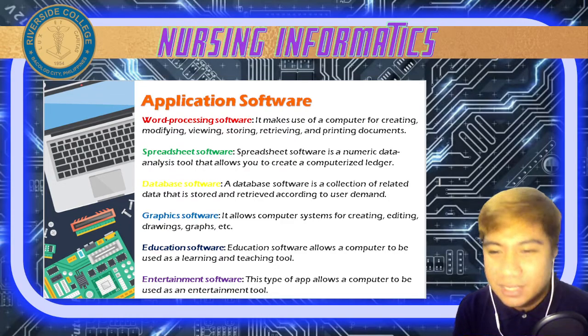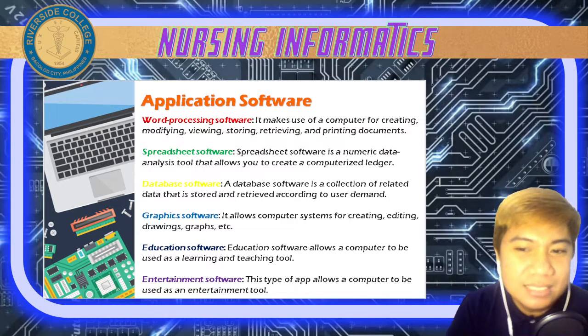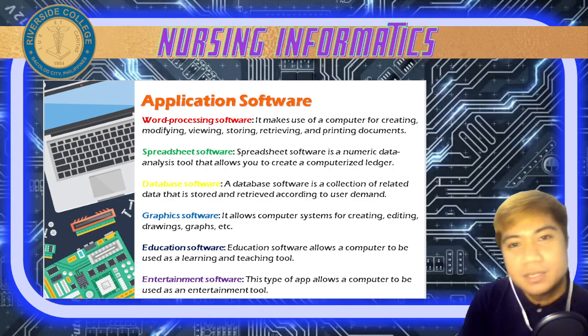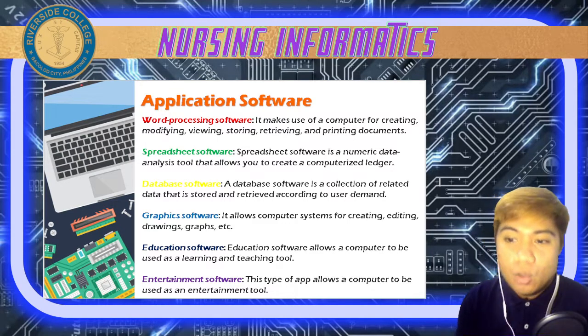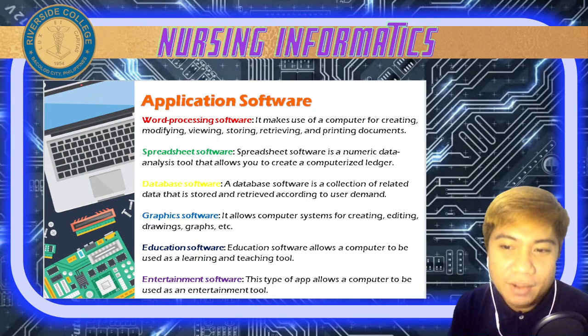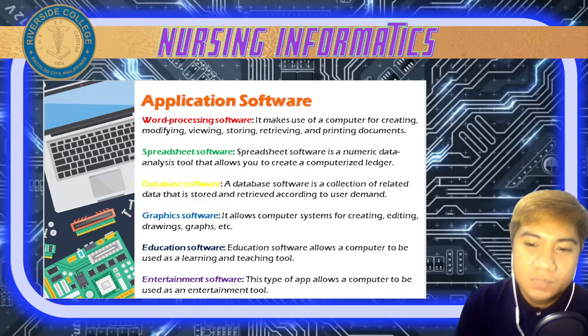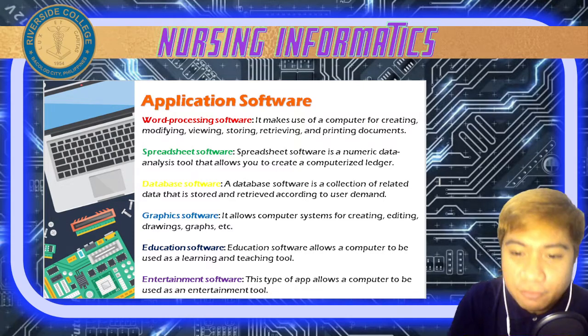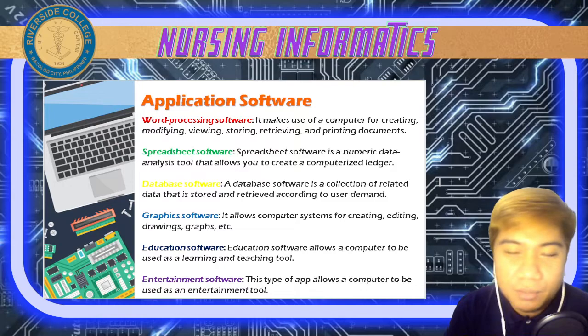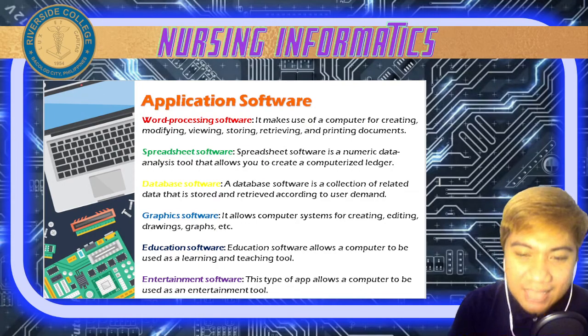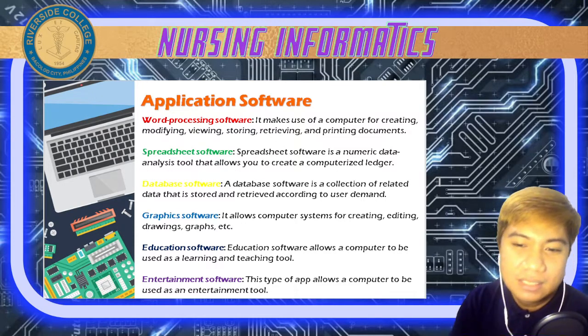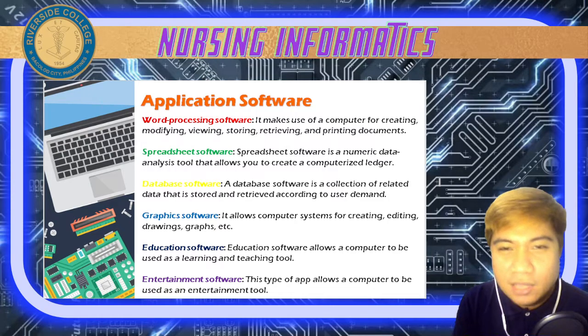It is a numeric data analysis tool that allows you to create a computerized ledger. We also have your database software. It is a collection of related data that is stored and retrieved according to users' demands. We also have your graphics software, which allows your computer system to create, edit, and draw graphics. Let's just say your Paint, your Adobe Lightroom, your Photoshop.